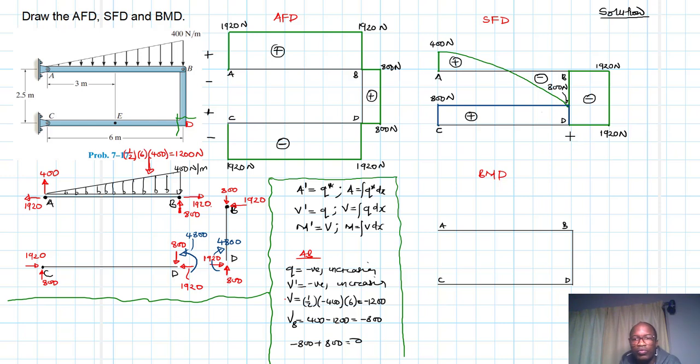Moving from D, let me use another color. Sorry about that. I use red for this one because we have 3 members. So there we said this 1920, the shear, and then from there onwards we have this from there to there.